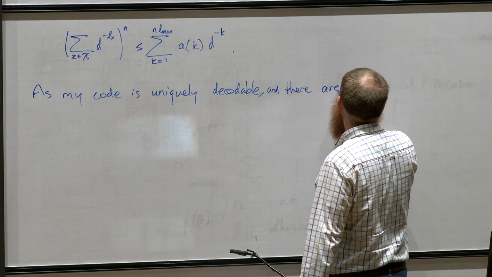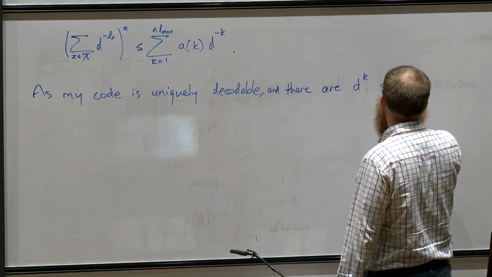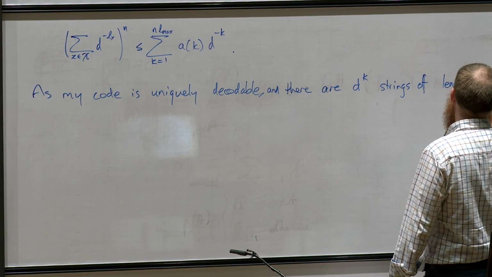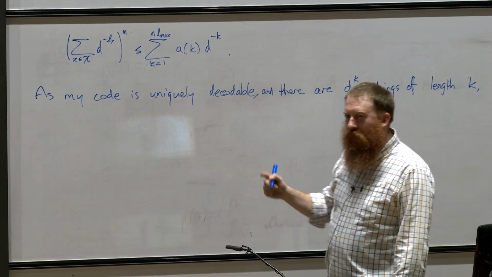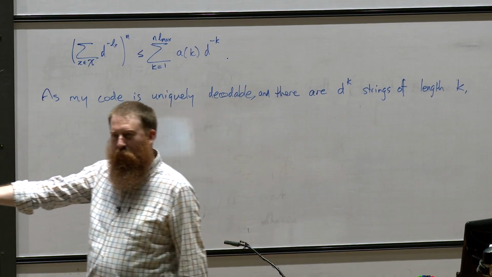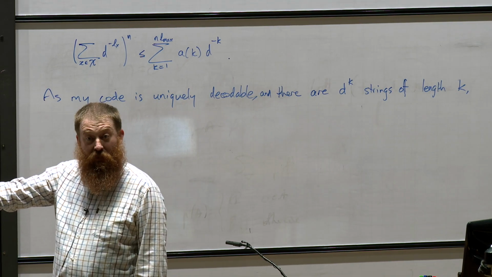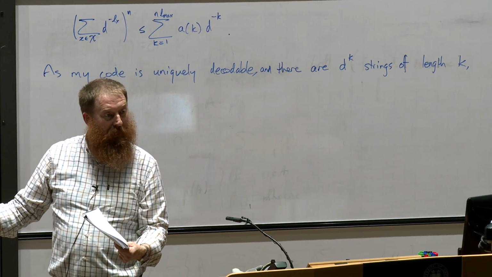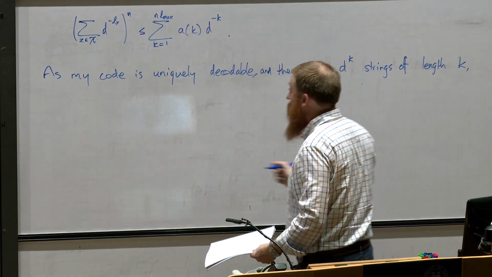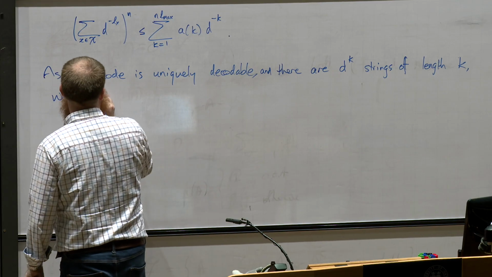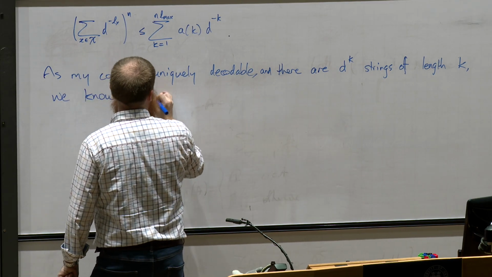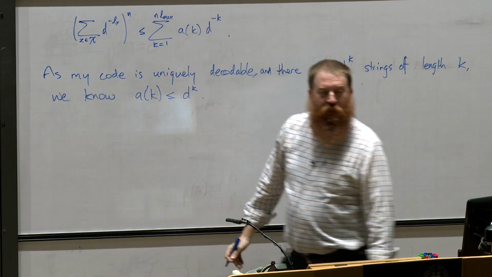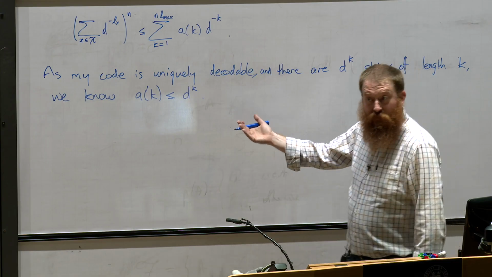There are d to the k strings of length k. So you can't have more inputs than you have outputs, or you're going to have a conflict. If I have more inputs than outputs, two must go into the same place, and I lose unique decodability. So by unique decodability, we know that A_k must be less than or equal to d to the k, which is a very crude bound, but it's a bound that is therefore true.